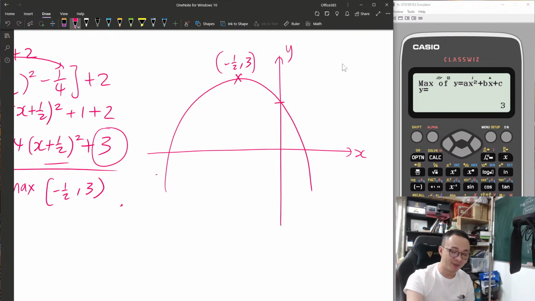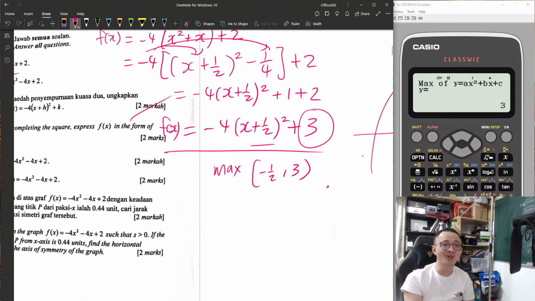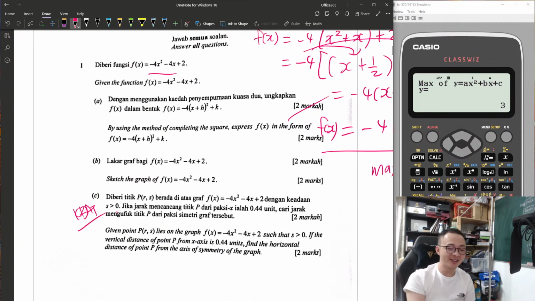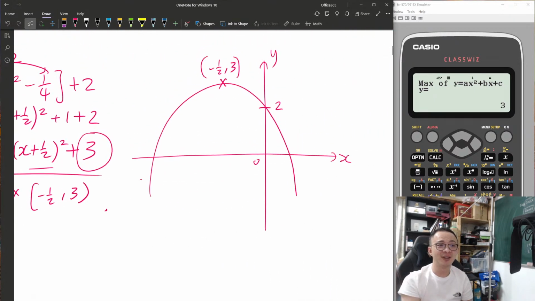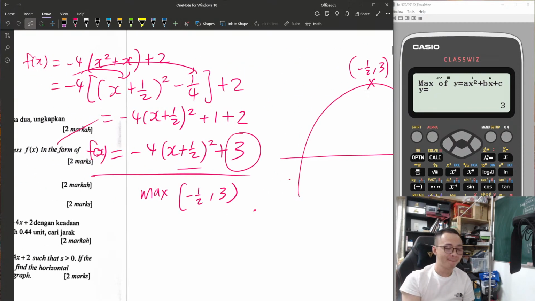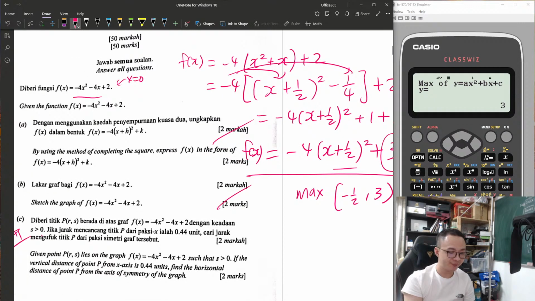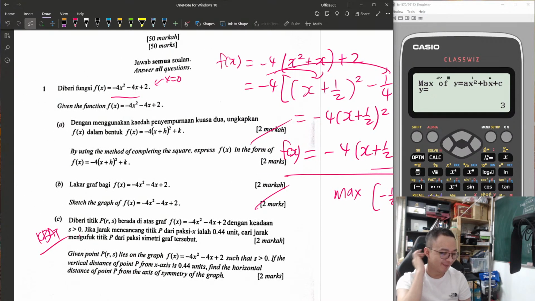This is y because my intercept is 2. Okay, done. So how do I get 2 so fast? Because for the y-intercept, x equals 0, right? Sub x equals 0 into this equation, you will get y equals to 2. Then yeah, you literally get the whole graph, another 2 marks. Okay, done.